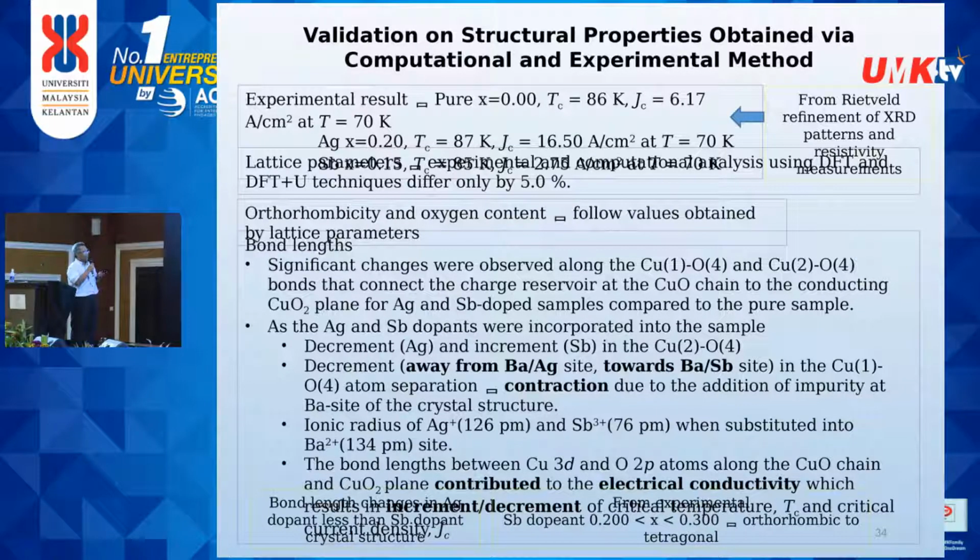Okay, so bond length changes in the Ag dopant less than antimony dopant crystal structure. Okay, so from experimental you can see for antimony beyond the 0.3, it changed from orthorhombic to tetragonal due to its size of dopant. All right, so result question for electronic properties of pure, silver and antimony.